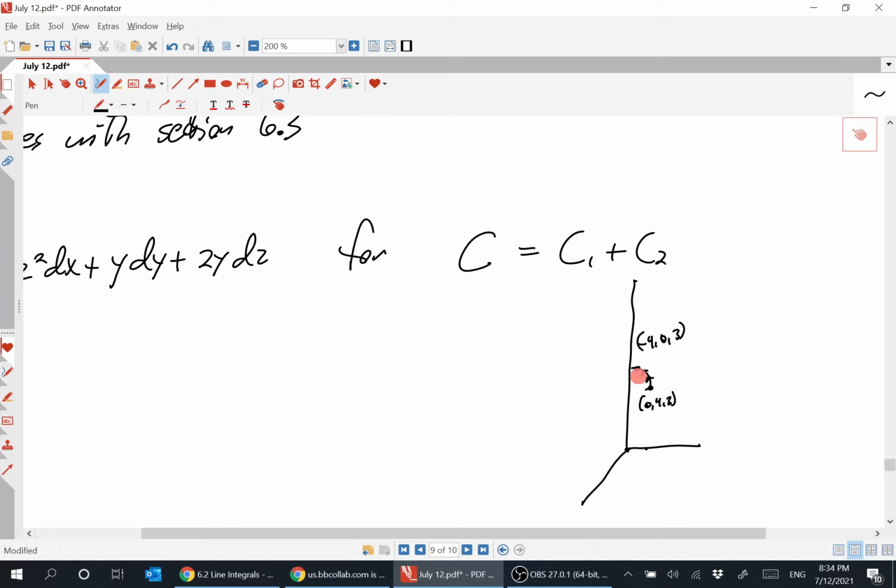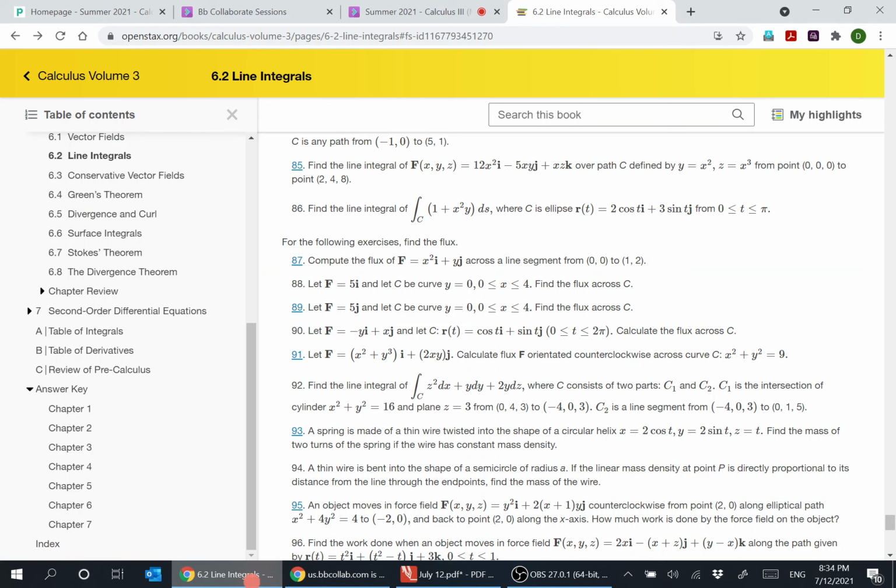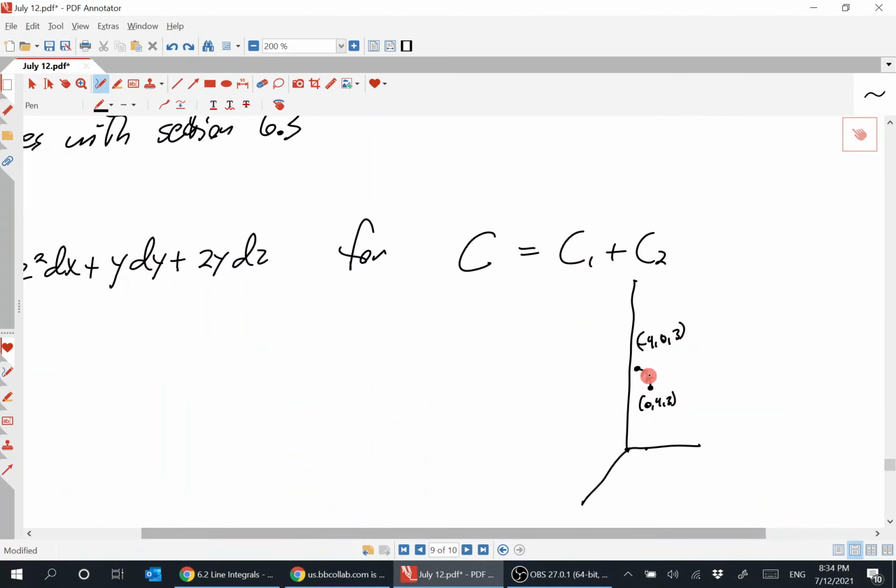They're not saying, so that's a typo in the book. So we'll just assume it's this way. And then from that point to (0, 1, 5). So this is C1 and that's C2.